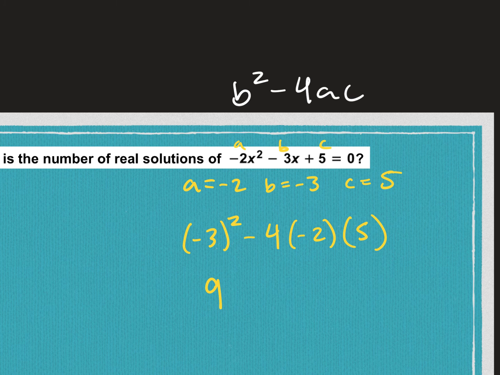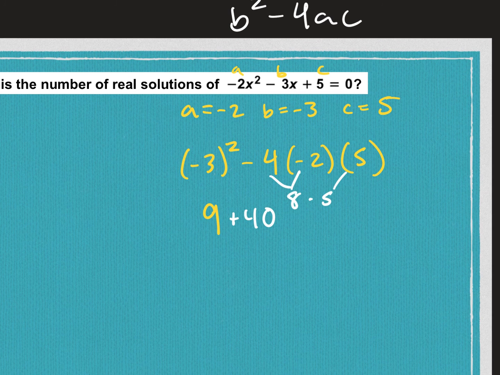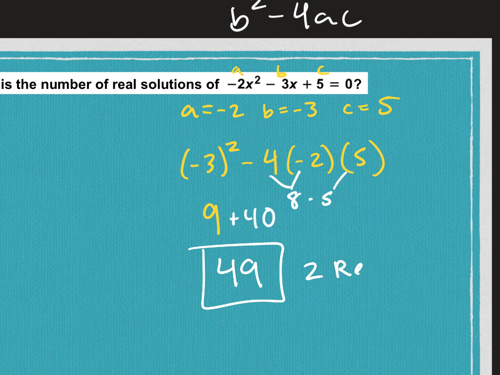What is negative 4 times negative 2? 8. And what's 8 times 5? 40. So this is positive 40 or negative 40? Positive 40. And what's 9 plus 40? 49. So that's our discriminant. Now, 49 is positive. So how many solutions do we have? 2 real solutions.